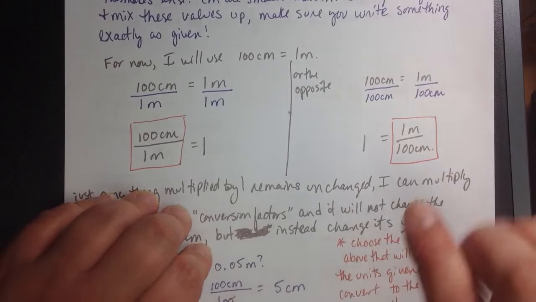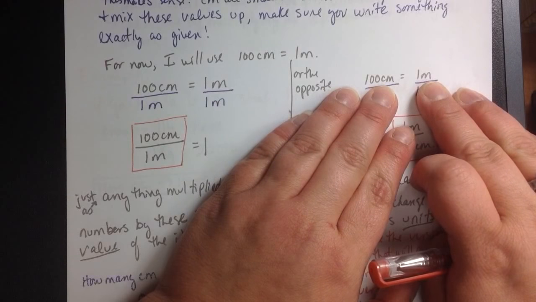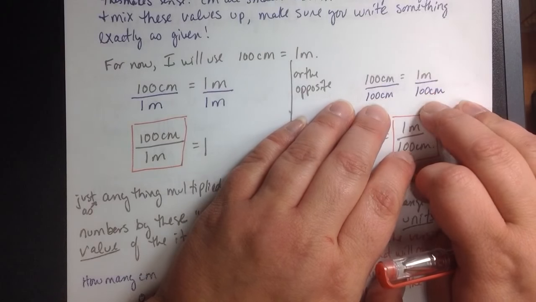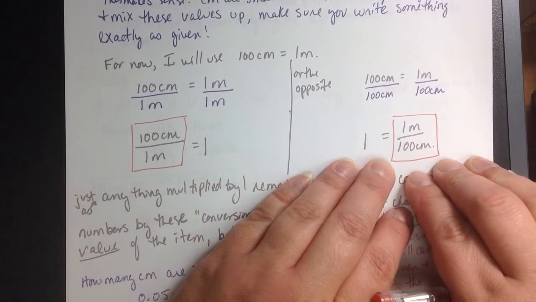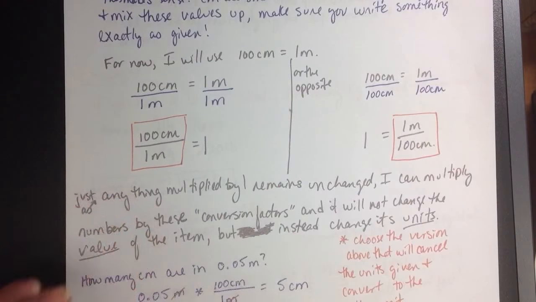Or I can start with the same equation and do the opposite. I can divide each side by 100 centimeters. Guess what? That still equals 1. Well, here's the thing. Remember in math, you can multiply anything by 1 and it doesn't change it, right?